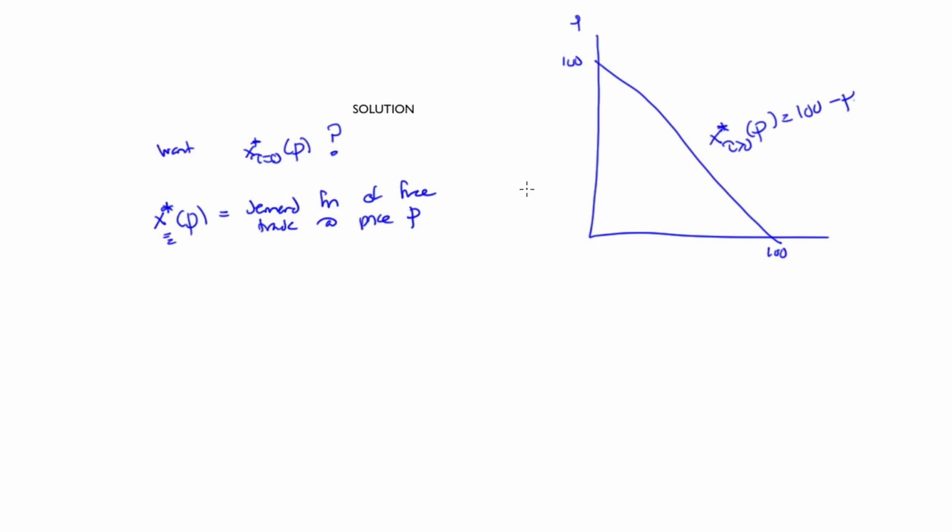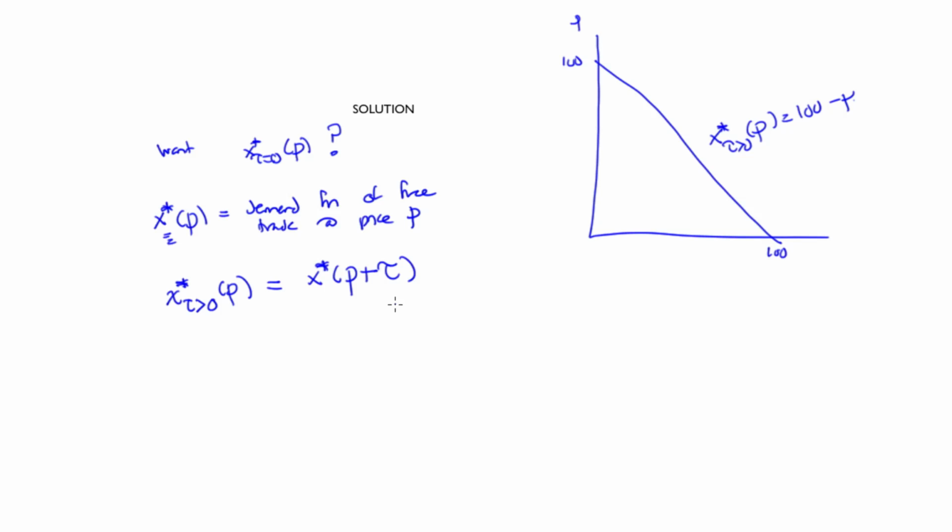So notice the following. Suppose that we know that object. Then we know that the demand with the tax has to be equal to the demand at free trade at price P plus tau. That relationship has to hold.